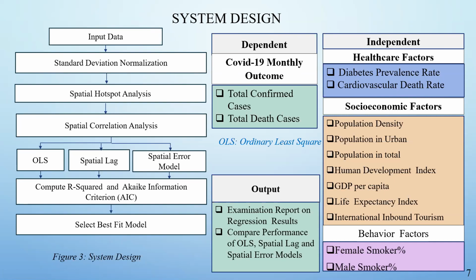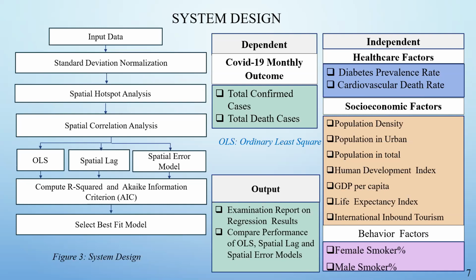In healthcare data, I use the diabetes prevalence rate and the cardiovascular death rate. I selected these two because studies already stated that diabetes prevalence can increase the mortality rate, and the cardiovascular death rate is also considered because if a patient has some kind of intense underlying disease, how is it related to the COVID-19 incident and mortality rate?